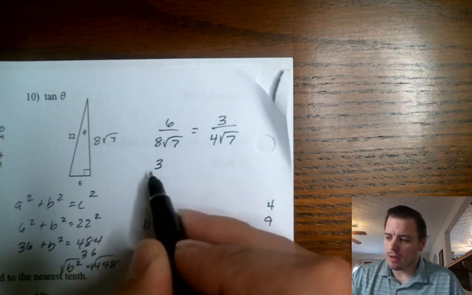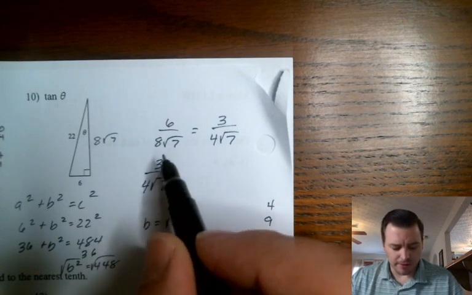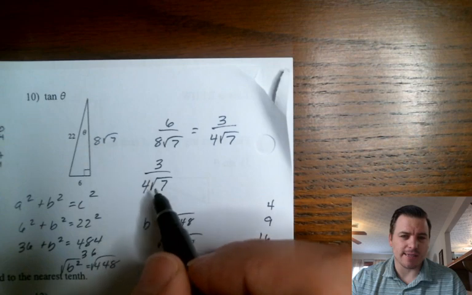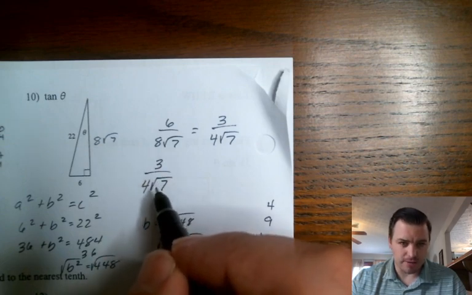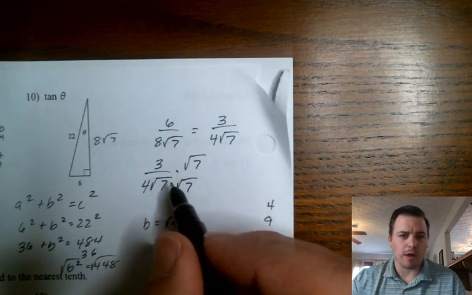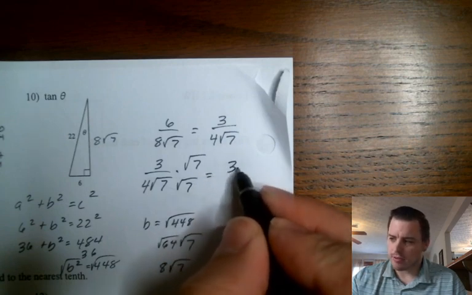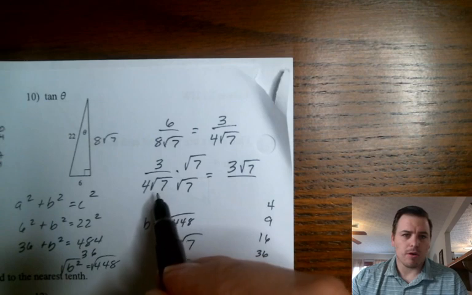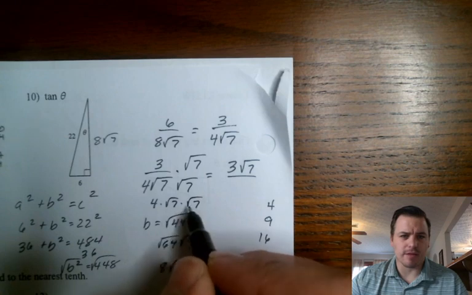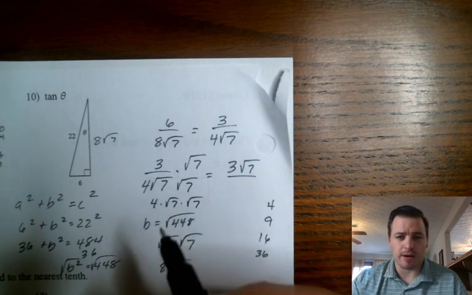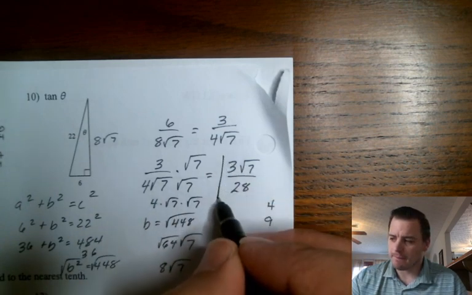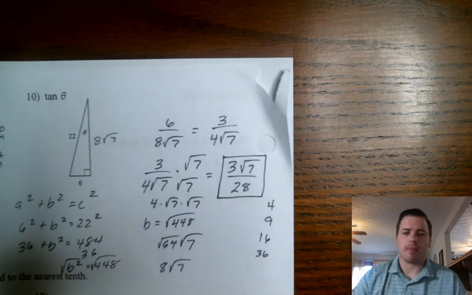So 3 over 4 radical 7 is what we got there. Sorry, it took me a second to see what it was. The issue, guys, is you cannot have a radical in the denominator. So you'd have to multiply top and bottom times the radical. That would take us to 3 radical 7 over 4 times radical 7 times radical 7. Radical 7 times radical 7 is just 7. You all remember that, right? Or radical 49, which is 7. And then 7 times 4 is 28. And that would be our answer.